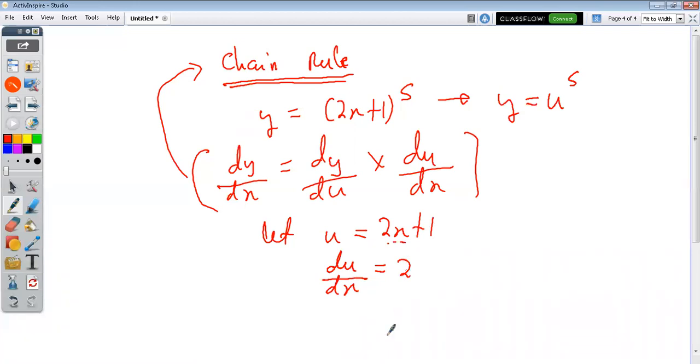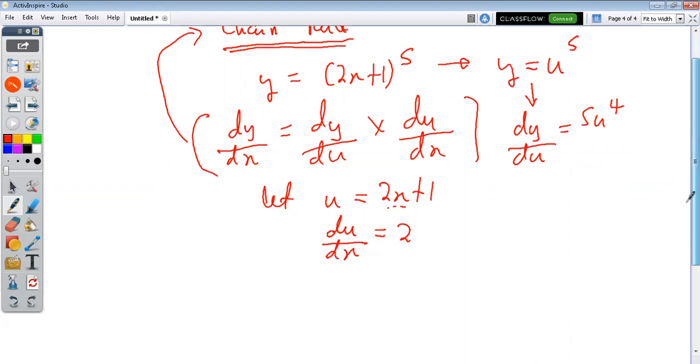This gives me 0, simply 2. Are we together? Yes, sir. Then from this here, dy over du is equal to 5u to the power of 4. Making sense? We are doing the long way. I'll show you the short way just now.